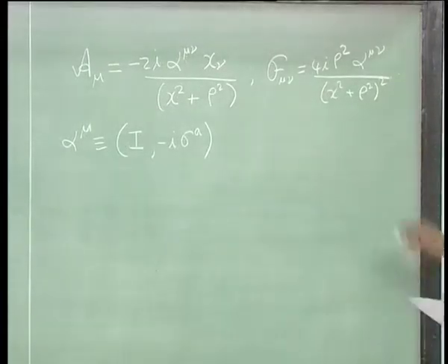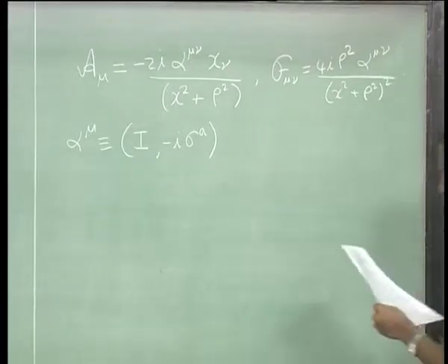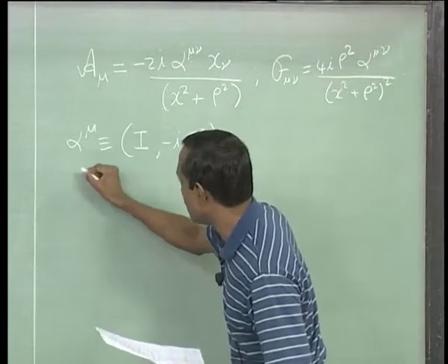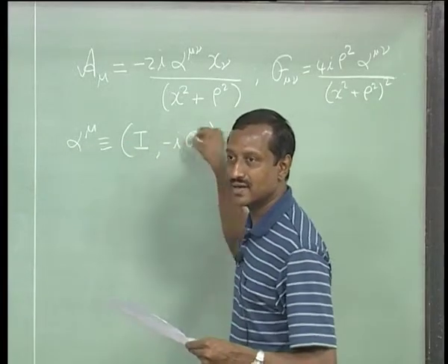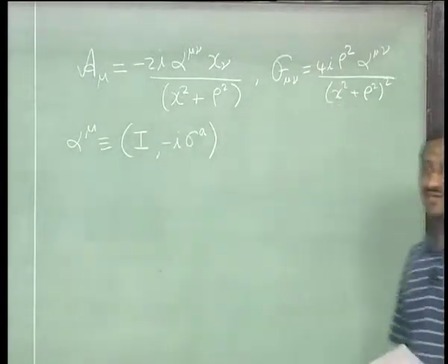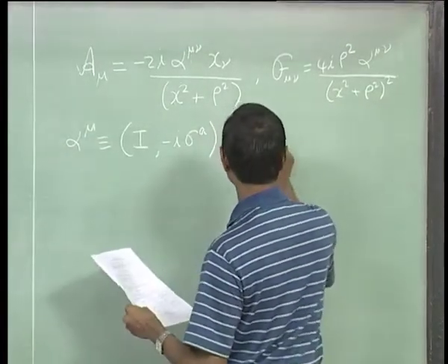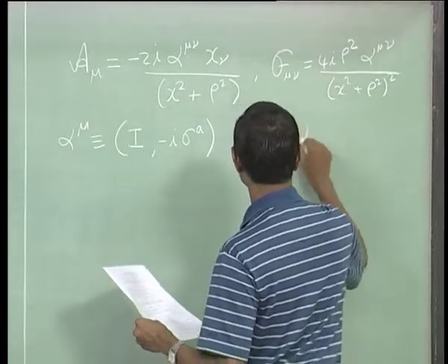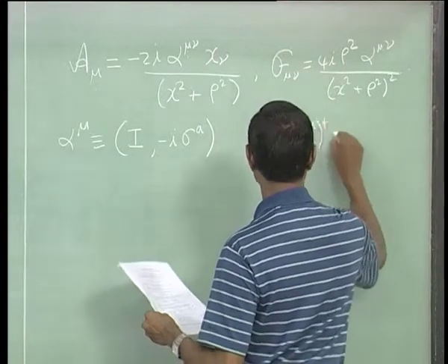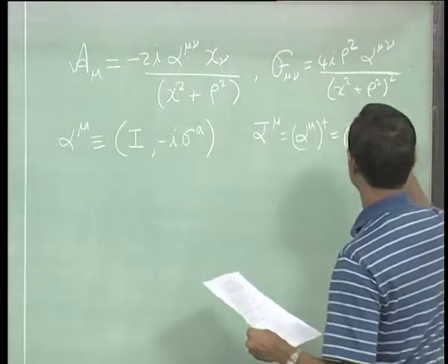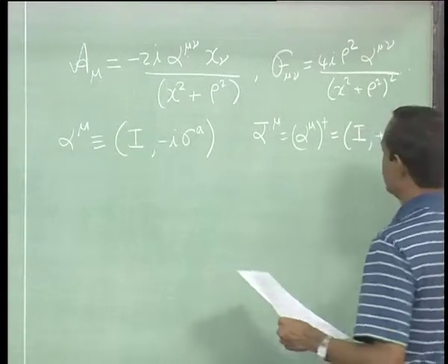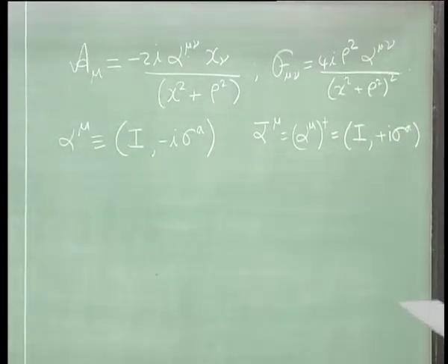we have seen this combination quite often. For instance, when we wrote x a, we combined it with the Pauli and the identity matrices to write the most generalized U2 element. So you can see that this has that thing, and define alpha bar to be alpha mu dagger. So that will be identity dagger is this, but just change the sign here. Okay.